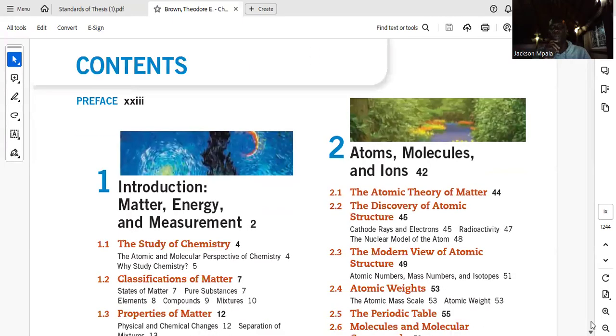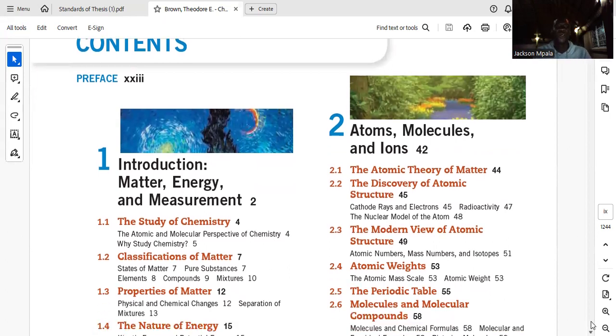Blank. They want you to fill in some information. As you see, beautiful pages popping out for you there to show you the beginning of the matter. So in our next lesson, we shall consider chapter 1, which is Introduction to Matter, Energy, and Measurement.